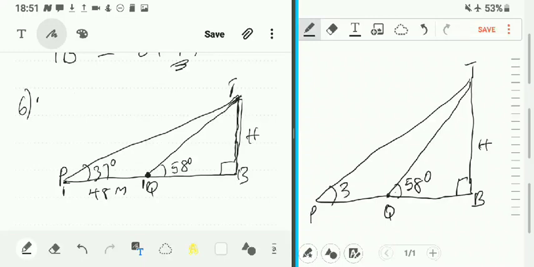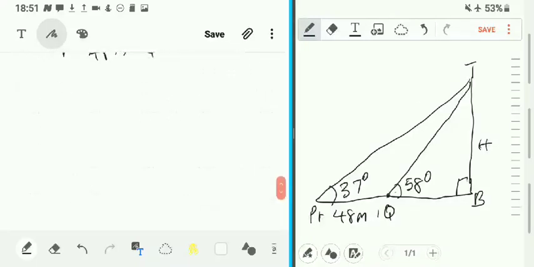It's 37 degrees, and 48 meters is the distance between P and Q. Now, there are a couple of ways I could solve this to get my height here.